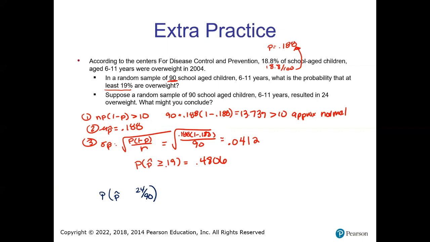Before I can figure that out, I've got to figure out, is that bigger or smaller than what I have? So 24 out of 90 is 0.267. So this is a high percentage, about 26.7%. Is this percentage really high above here? Is that unusual?